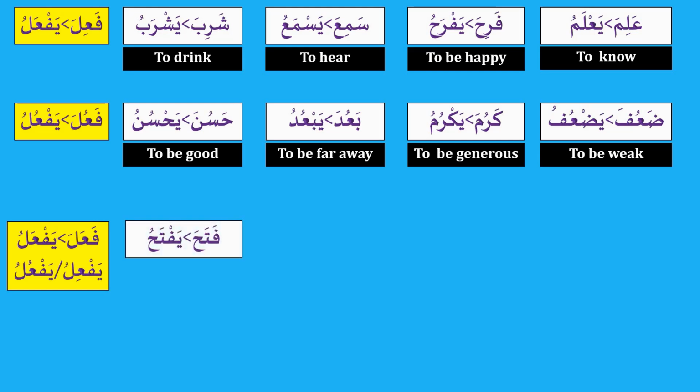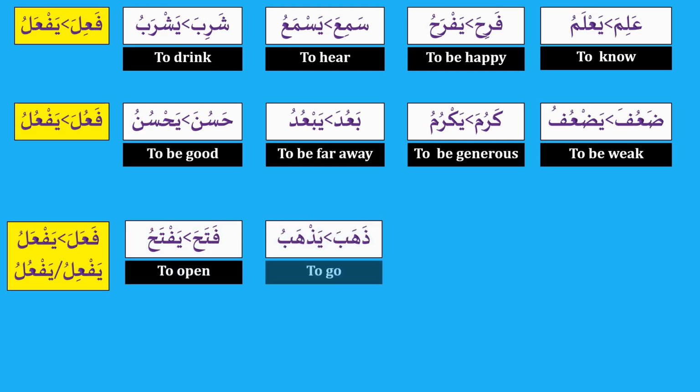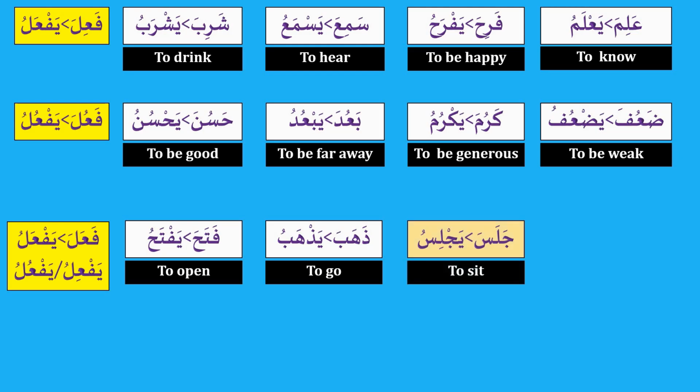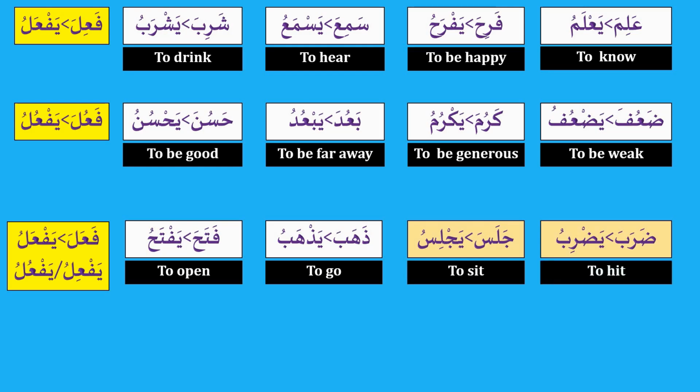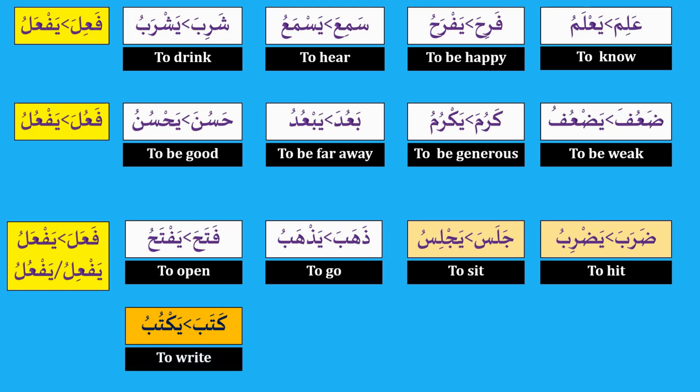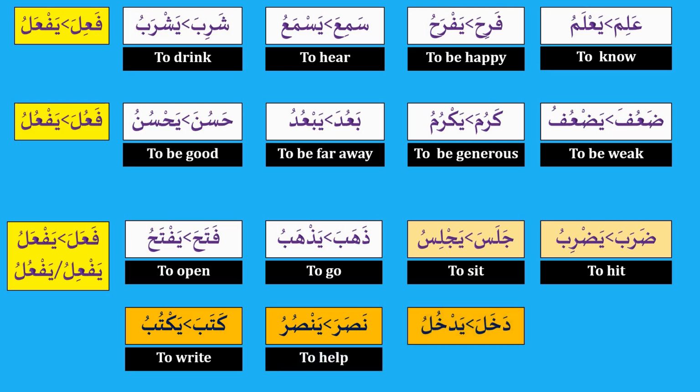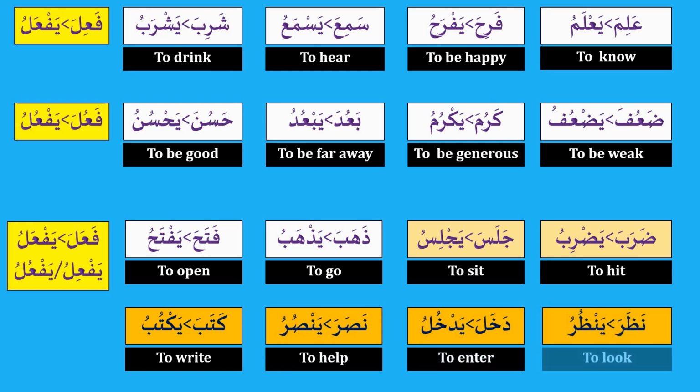Examples: فتح يفتح, to open. ذهب يذهب, to go. These two verbs get فتحة. جلس يجلس, to sit. ضرب يضرب, to hit, and these two get كسرة. كتب يكتب, to write. نصر ينصر, to help. دخل يدخل, to enter. نظر ينظر, to look.